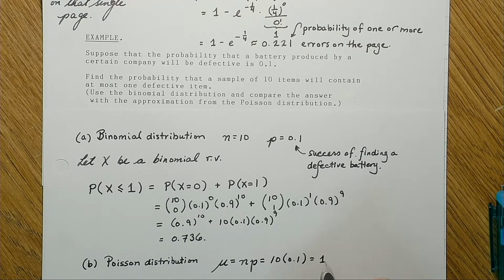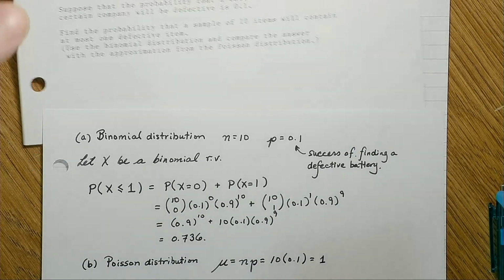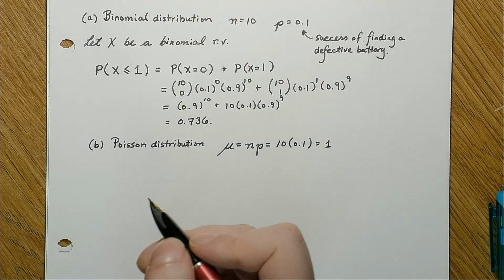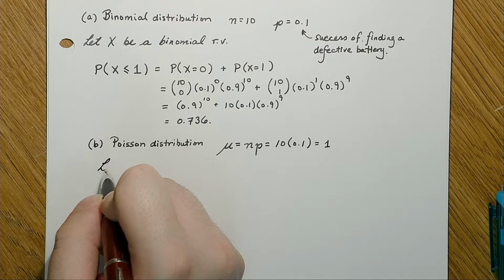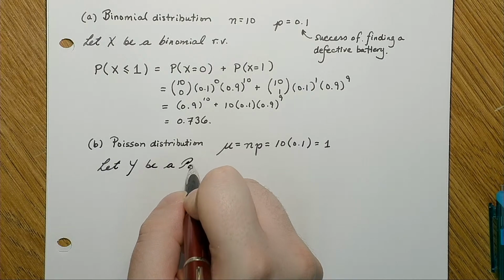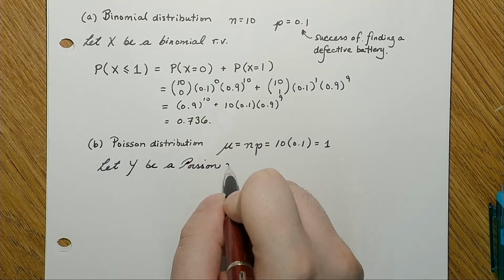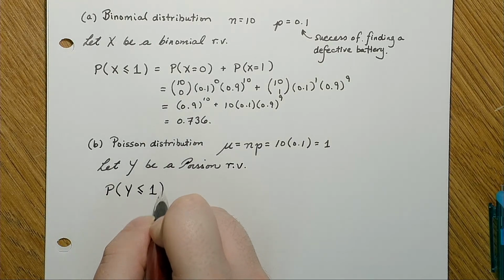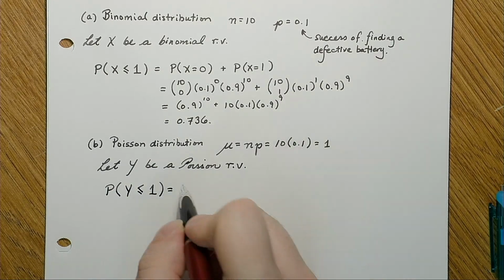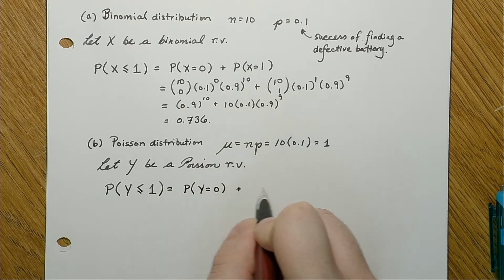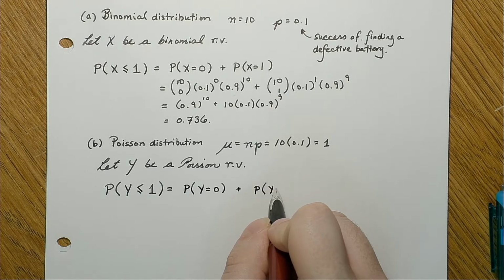So that should be just 1. We'll let y be a Poisson random variable. And what we can do then is, that's again the probability that it equals 0 plus the probability that it equals 1.